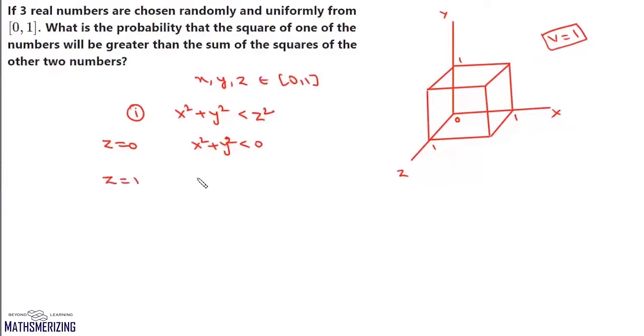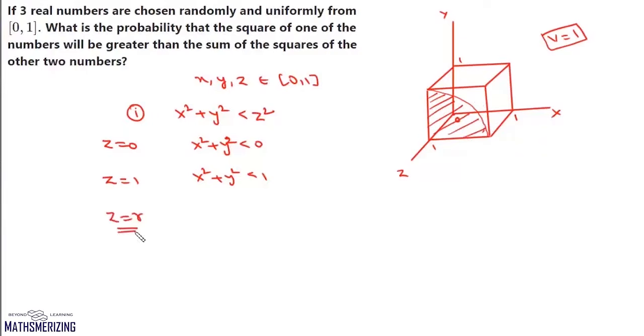And if z is equal to 1, then x and y correspond to all the points inside the circle whose radius is 1. So at 1, we have this circle. So this is the region. And at 0, there is no point.